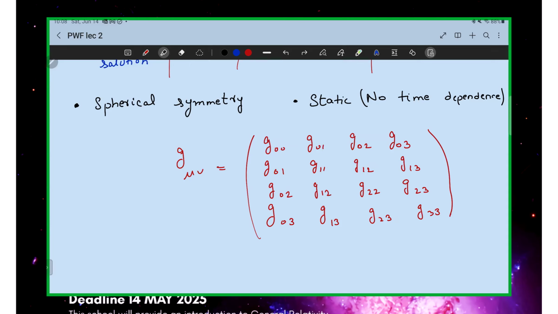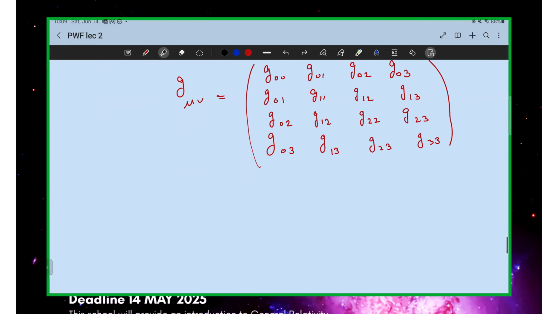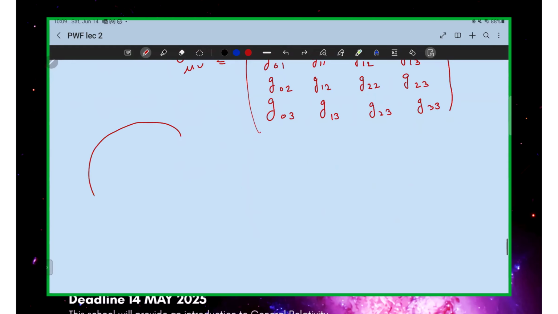Now, one thing is that we are going to use spherical polar coordinates, right? So spherical polar coordinates include one radial coordinate called r, and then 2 angular coordinates. I'm pretty sure that you are already familiar with them, but let me just give you a refresher.